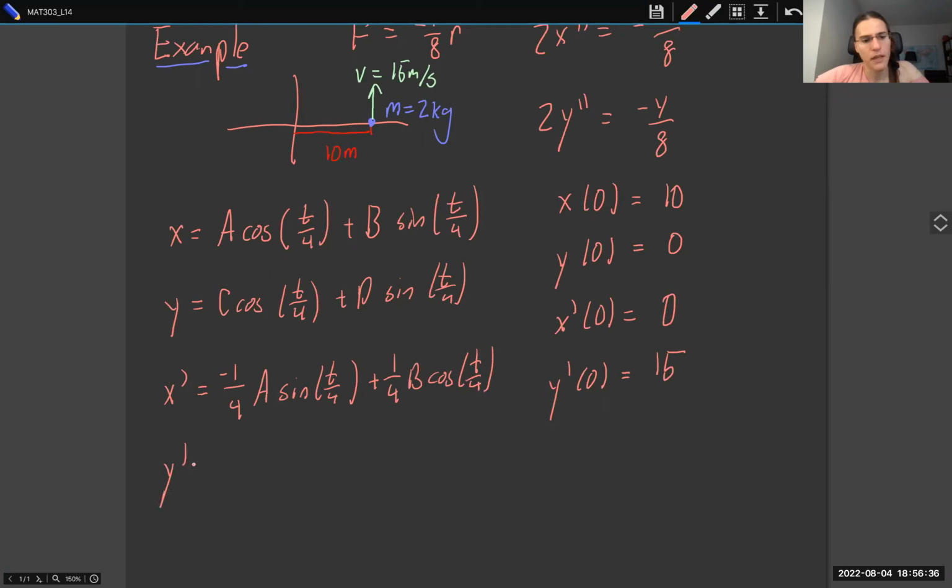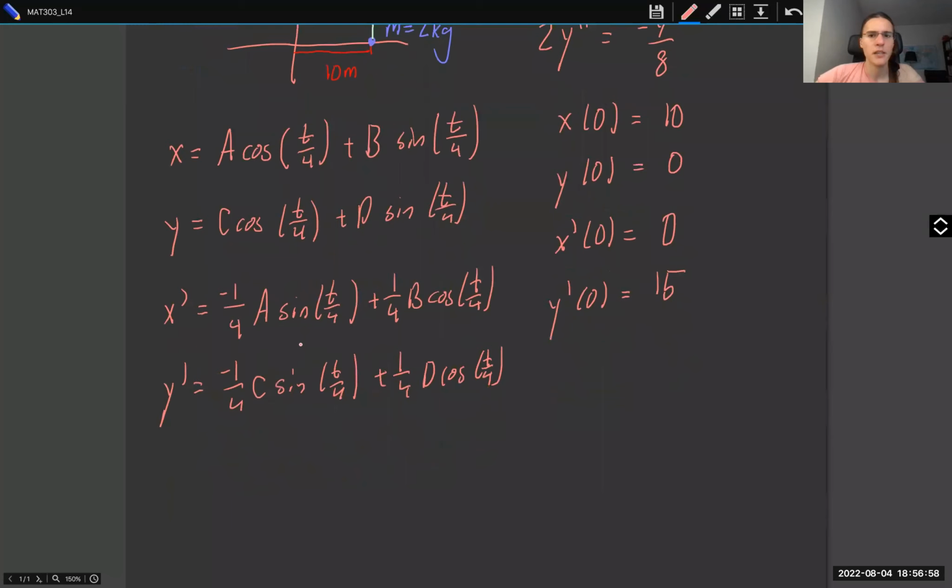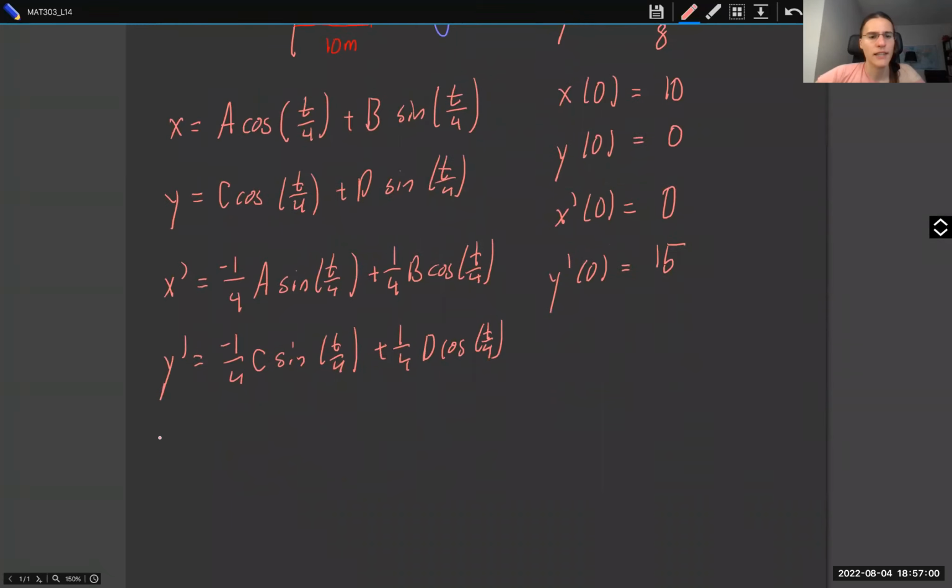And y prime is negative 1/4 c sine t over 4 plus 1/4 d cosine t over 4. Now when we plug in the numbers, let's call these equations 1, 2, 3, and 4.